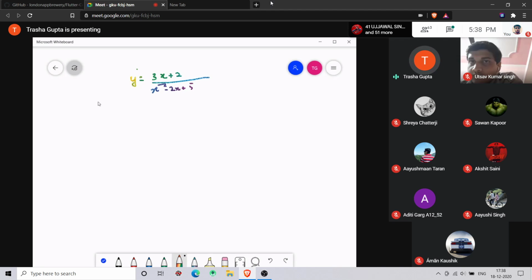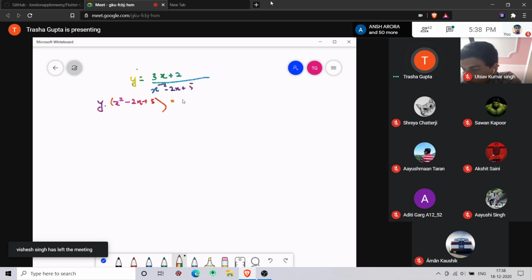This can be written as y into (x square minus 2x plus 5) is equal to 3x plus 2. You can write it like this.